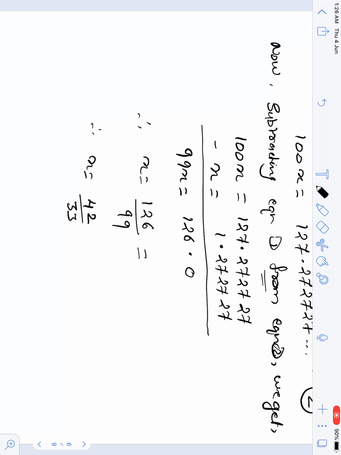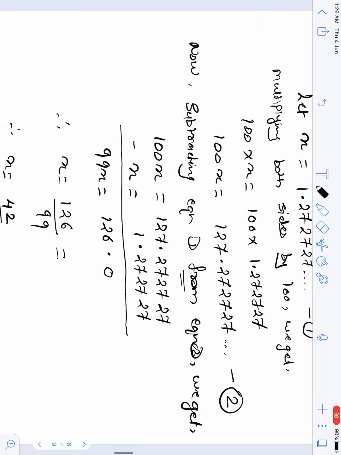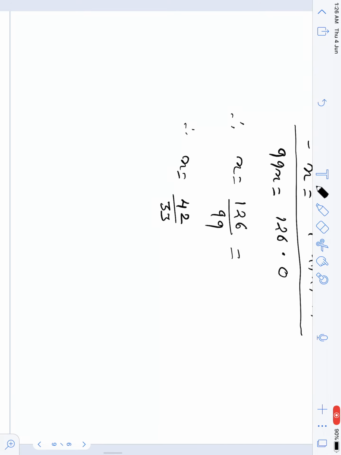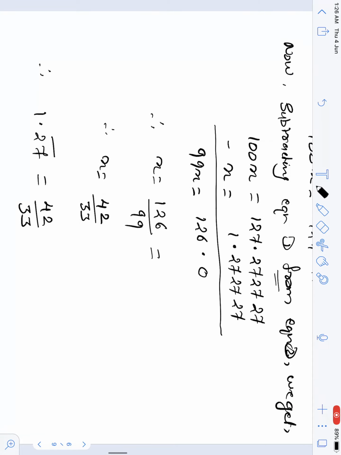So here we have written 1.27 bar, this decimal number, in p by q form as 42 upon 33. I think you must have understood up till here.